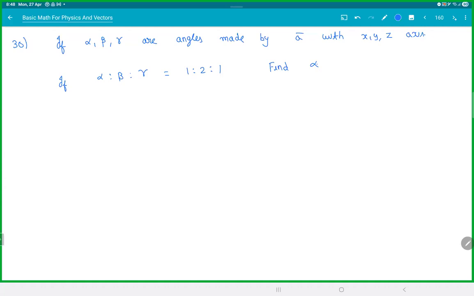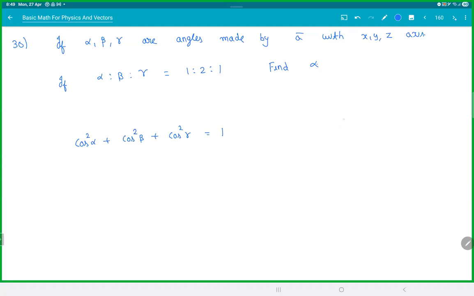Any answers? Just now we used the result, right? cos alpha, cos beta, cos gamma. We have to use that. So we know cos square alpha plus cos square beta plus cos square gamma is equal to 1. And you're saying alpha, beta, gamma is in 1:2:1 ratio. So alpha is equal to gamma.